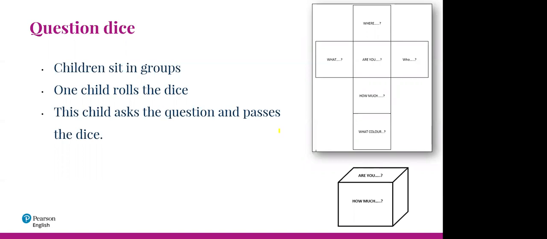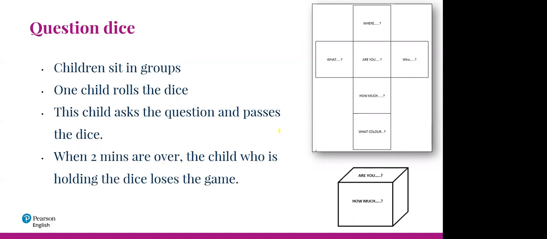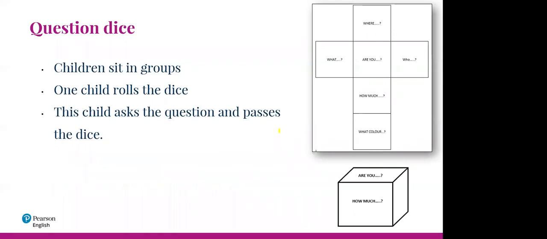So the child who has rolled the dice asks a question, "Are you?" and has to finish the question and ask it to another child. Once the question has been properly asked, and you should monitor that, the dice is handed over to another child, and so it goes around the table.